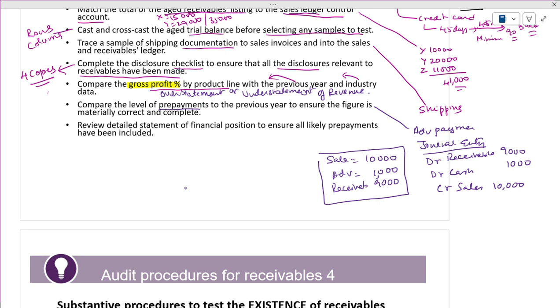Anywhere, anytime you find that understanding is taking a little bit of time, immediately what you will do is convert it into a general entry.